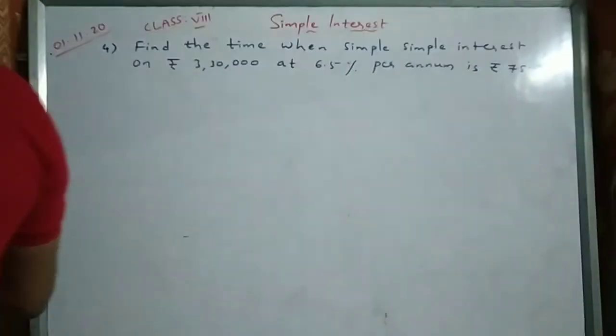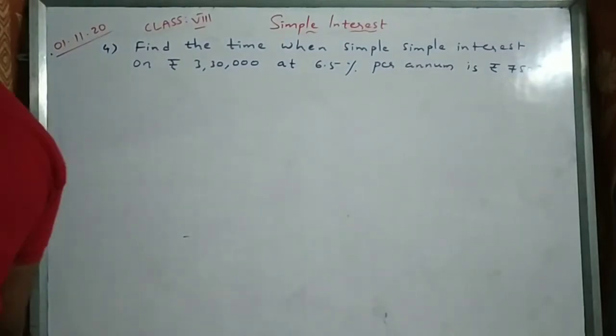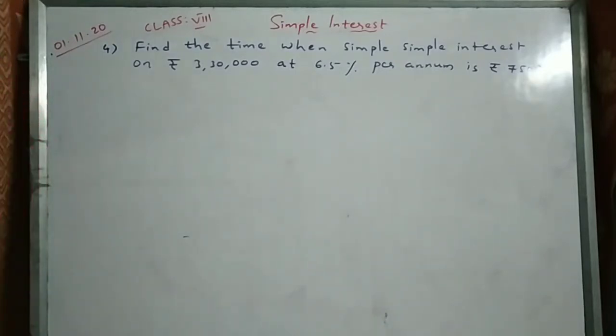So that is the simple interest, right? Interest is given. Time we should find here.